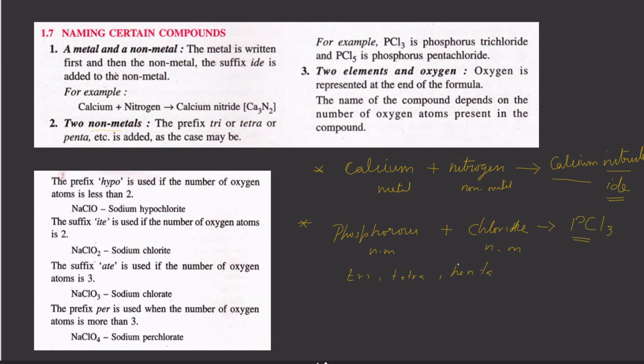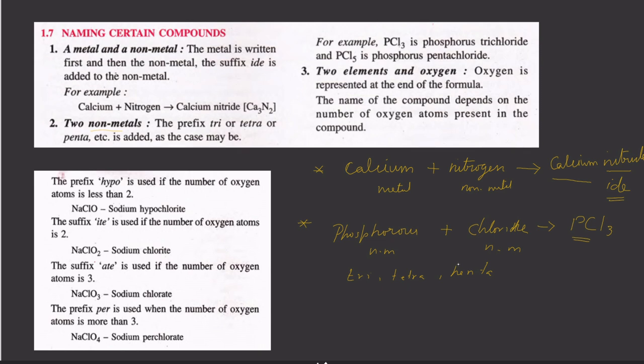After the name of the second non-metal, we write the prefix according to the number of atoms. PCl3, phosphorus trichloride, means 3 chlorine atoms are there.